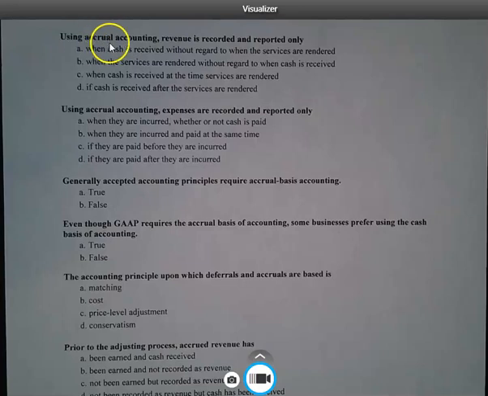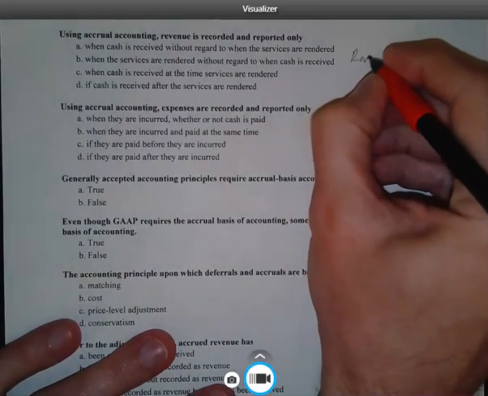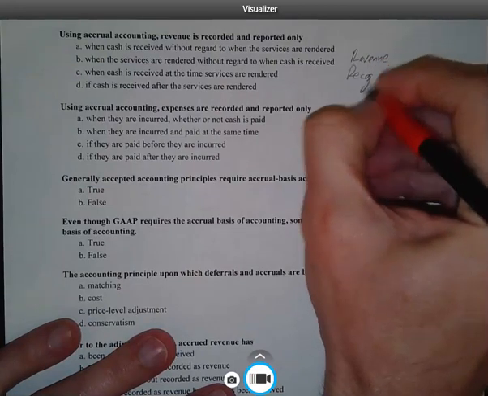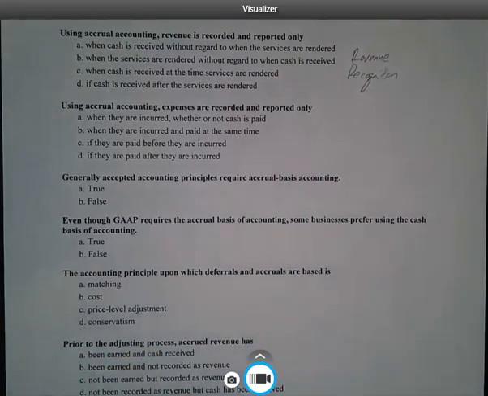We are using accrual accounting, and what we're testing here is the concept of revenue recognition. Okay, that's what we're looking at. And in accrual accounting, we say that we are going to record revenue when we have earned revenue.